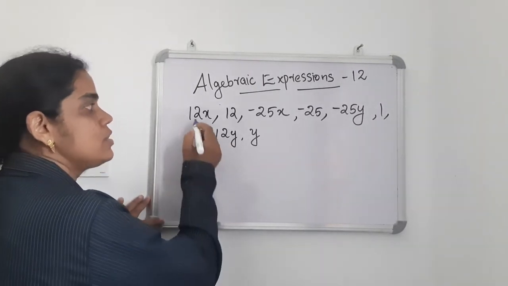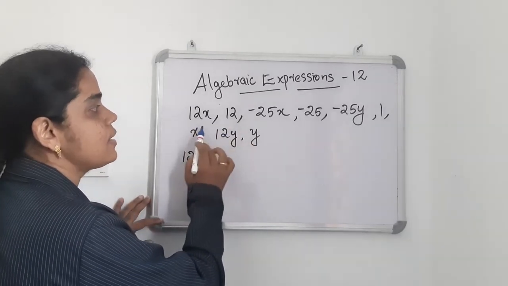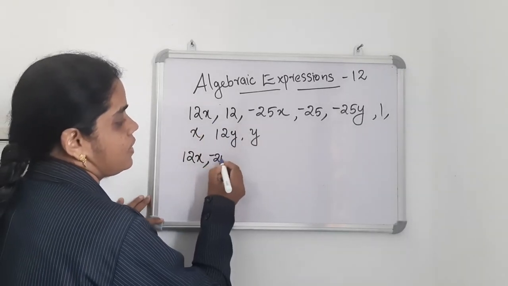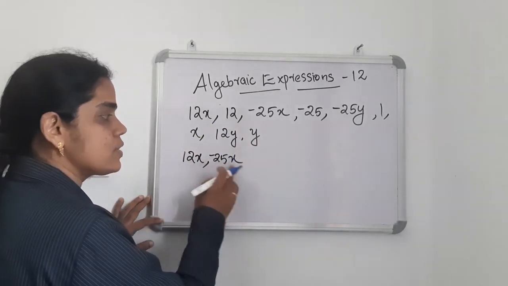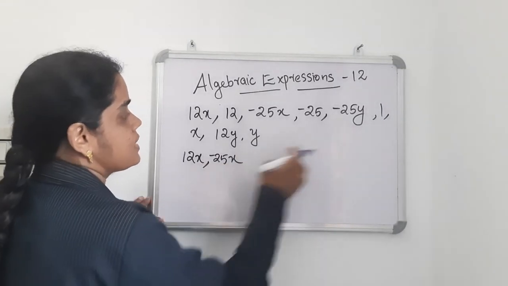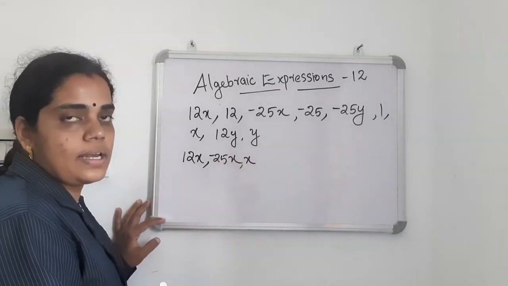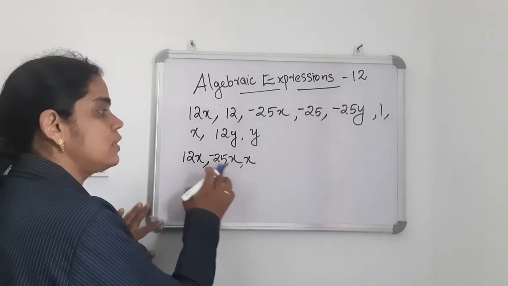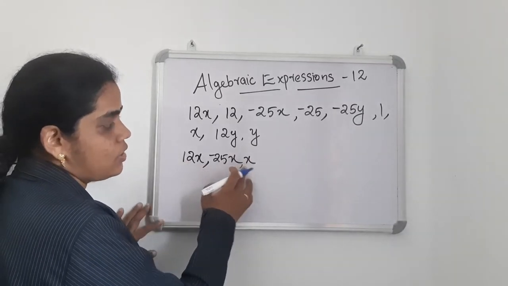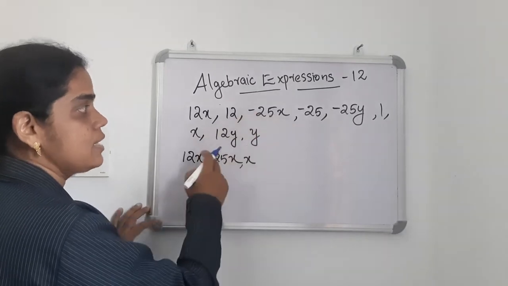So first we take 12x, then its like term is minus 25x, because the algebraic factor is the same. Then what is next? x. This is also a like term, because here the variable is x alone. Constants we don't consider here. So these three are the like terms among these.